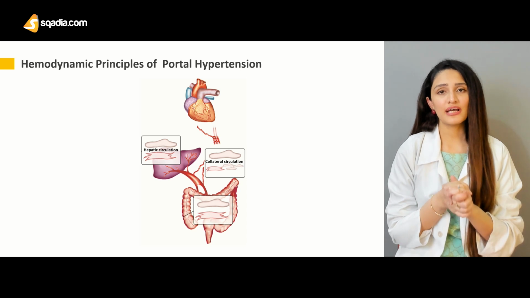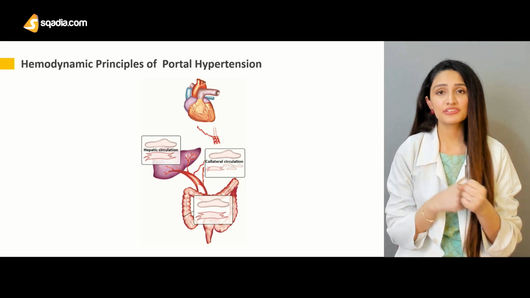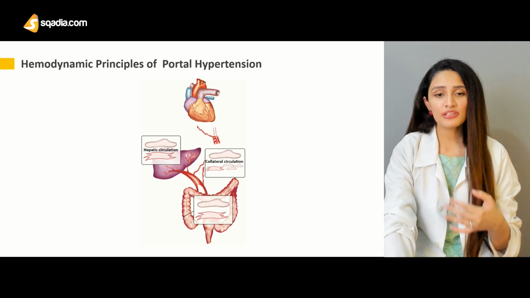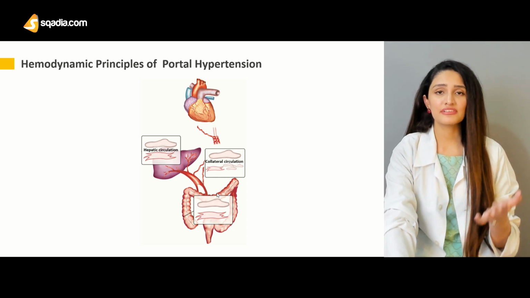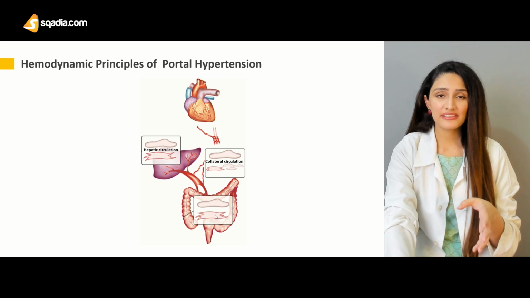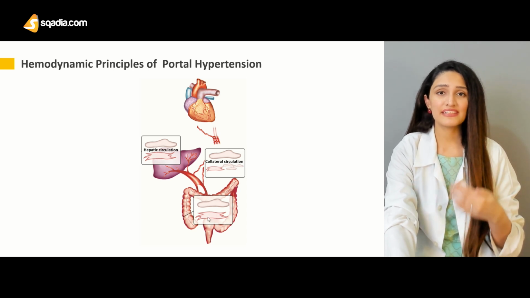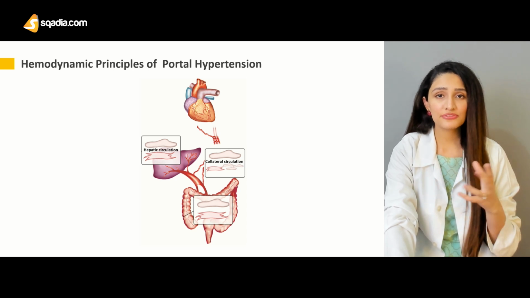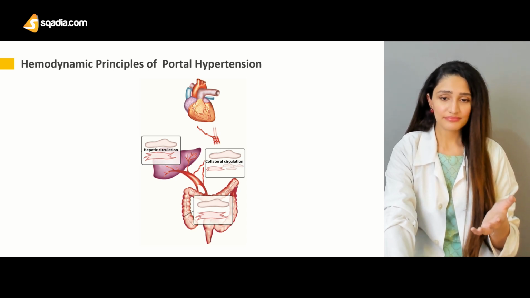Ultimately, there is vasoconstriction of the hepatic circulation. Now, if we talk about the splenic circulation, a completely opposite set of events happens. In the splenic circulation, there is an increase in nitric oxide, which causes vasodilation of these vessels.